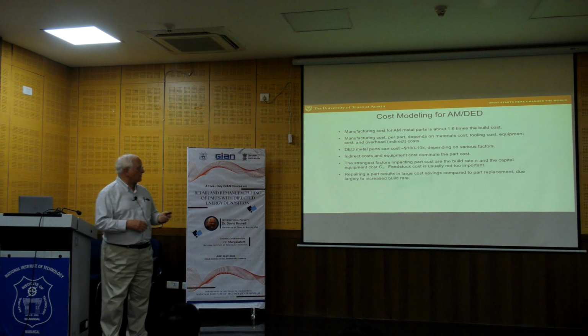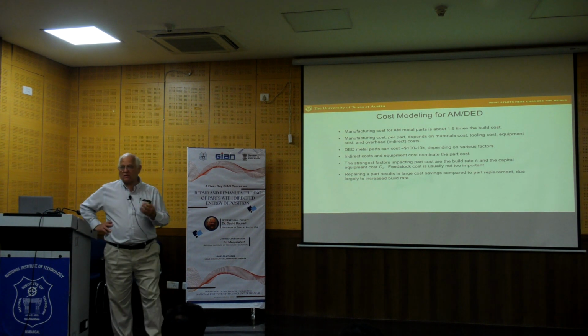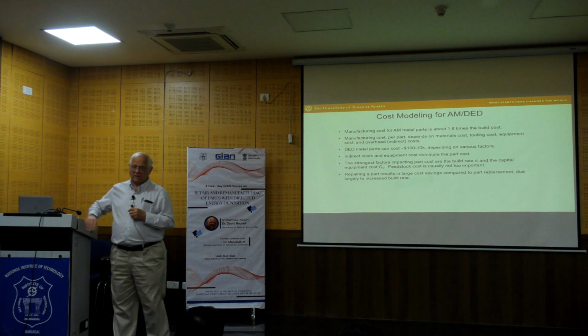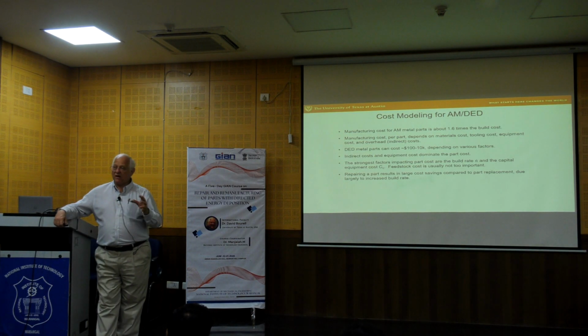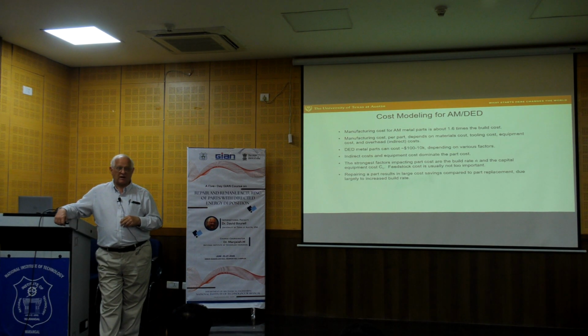Let me show you examples of this. Examples of bringing the cost down, capital equipment cost. It motivates the indirect processing techniques for metals: the binder jetting, the material jetting, and the material extrusion. Those are all relatively cheap machines compared to the fusion machines like DED or powder bed fusion.